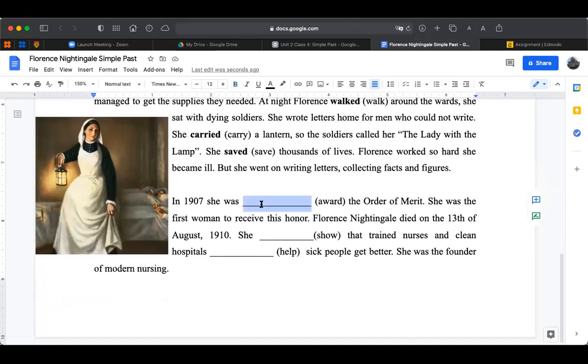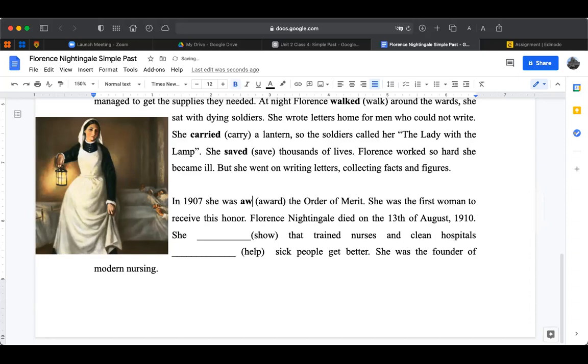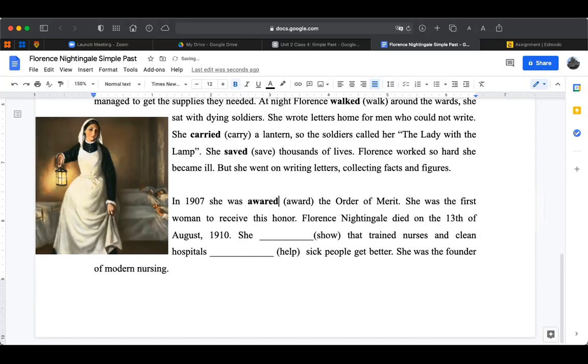Now that you can see it. In 1907, she was awarded the Order of Merit. She was the first woman to receive this honor.